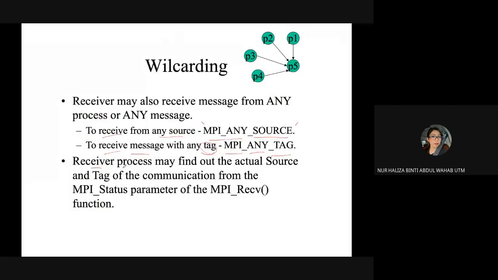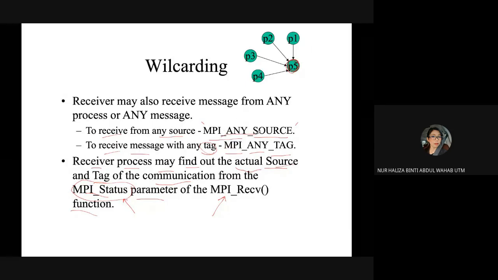And receiver process may find out the actual source and also tag of the communication from MPI status. So if you want to check about the source, you can check the status and parameter of MPI receive function. So you can see over here, let's say under processor 5.